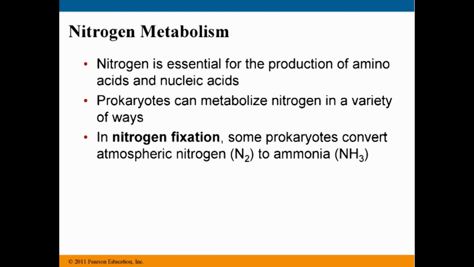There's also nitrogen metabolism. You need nitrogen because nitrogen is a component of amino acids and also our nucleic acids. Prokaryotes take care of nitrogen in a couple of different ways. One is by nitrogen fixation.